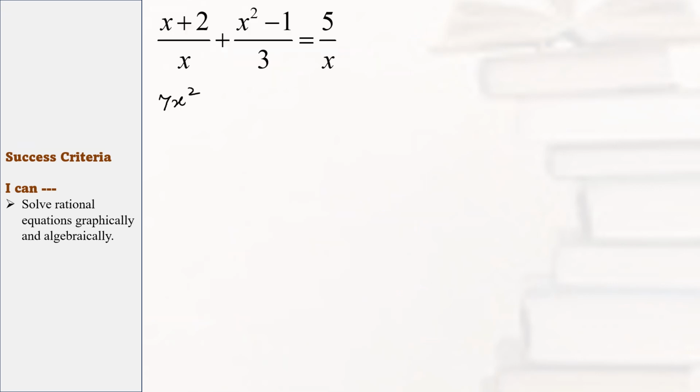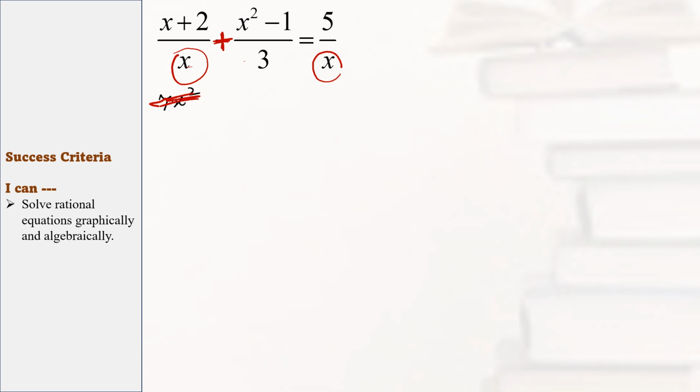Now next question. So in this question we will see how we can solve it. Again, first of all, you cannot cancel this x by this x. Why? Because here there are two expressions, not one expression, separated by a positive sign.